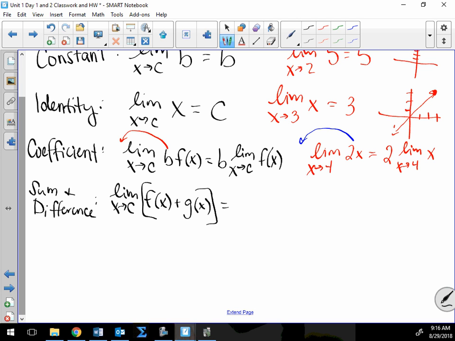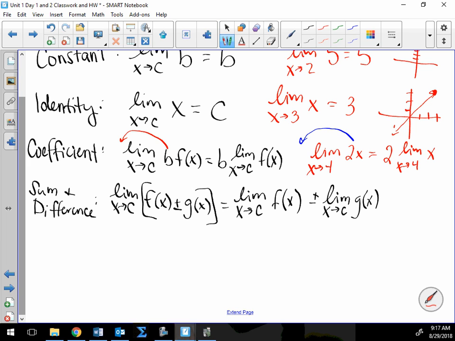I've got two functions being added together there. It's the same rule for both sum and difference, so I'm going to say plus or minus. Then I can break that up into the limit as x approaches c of f of x, plus or minus the limit as x approaches c of g of x. And if it's addition, it stays as addition. If it's subtraction, it stays as subtraction.